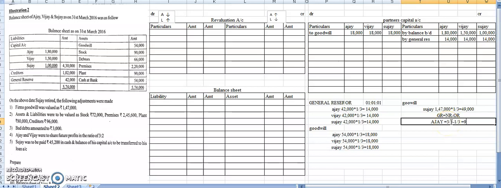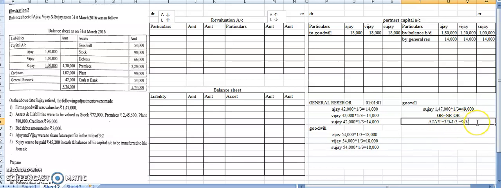Next one is minus 5 multiply by 1, so our answer comes to 5. And upon, denominator multiply by denominator, so 5 multiply by 3.